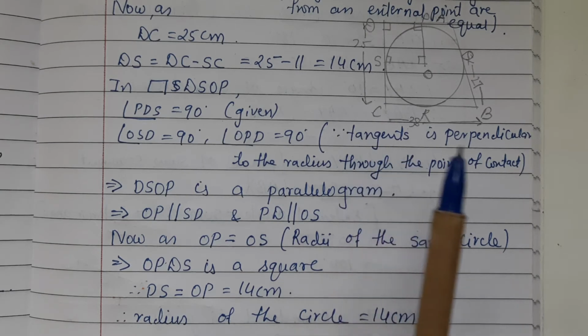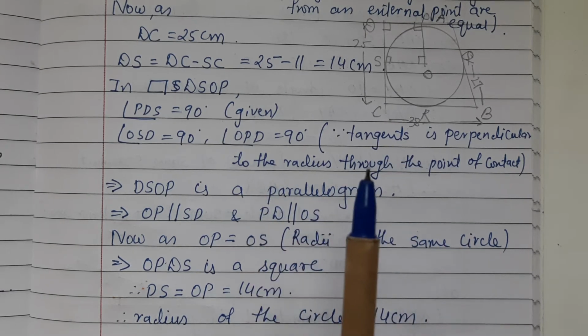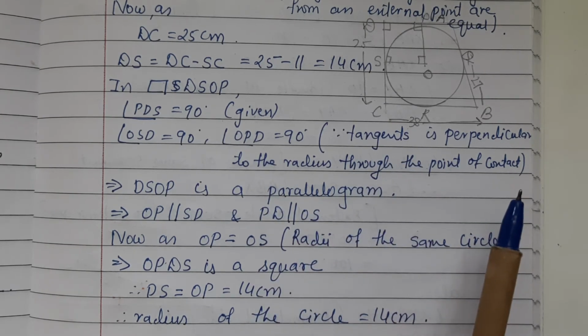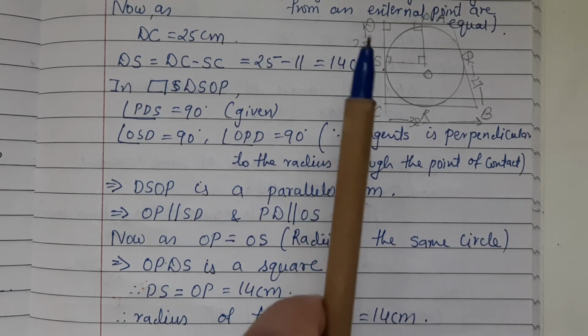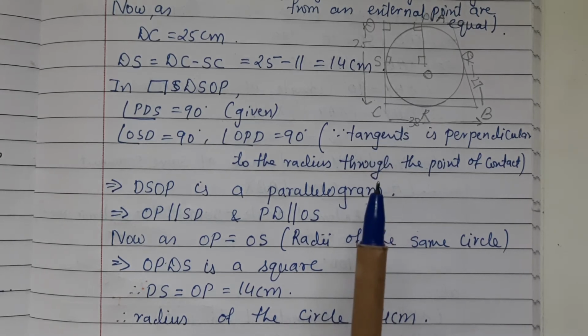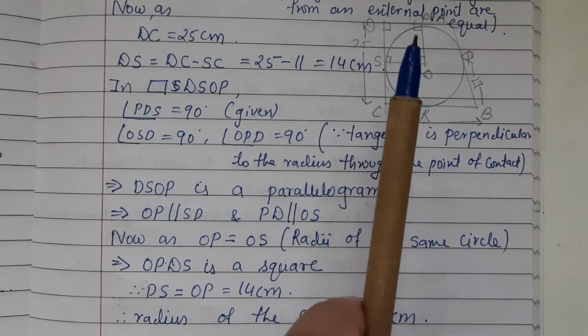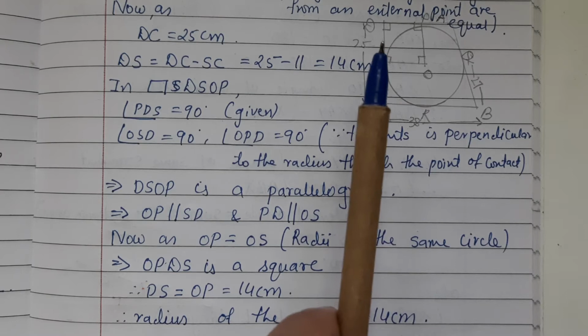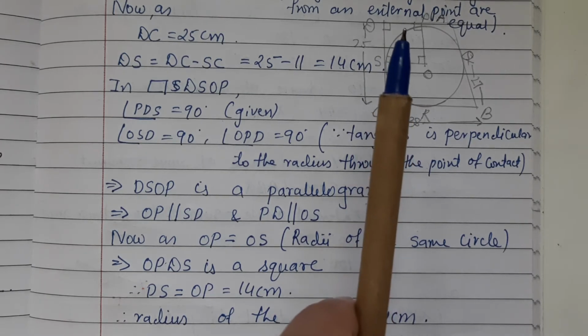Since the tangent is perpendicular to the radius through the point of contact, therefore DSOP is a parallelogram. Implies OP is parallel to SD, PD is parallel to OS.